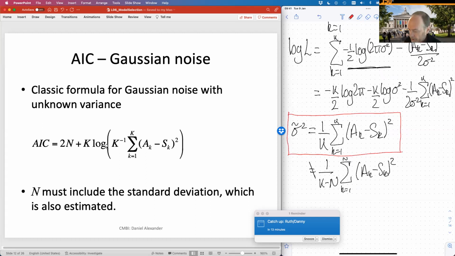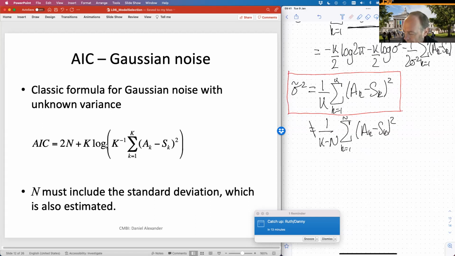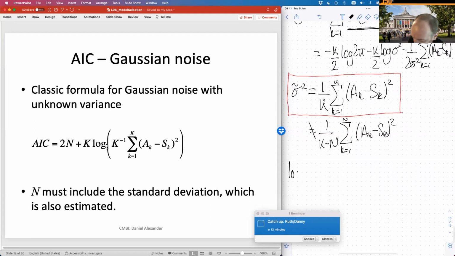So all we do now is substitute that estimator of the noise variance into our expression for the log likelihood. So that then gives us log likelihood minus k over 2 log 2 pi minus k over 2 log of this estimator here.